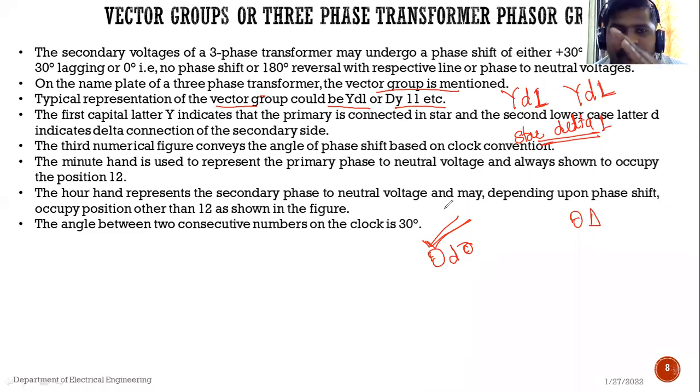Delta delta 0, and what is meant by 0? 0 is nothing but the phase angle or phase shift between the primary and secondary winding, or the angle between the LV winding and HV winding. What is 0 degree? 0 degree म्हणजे किती angle झाला?